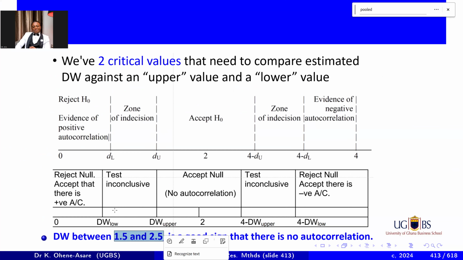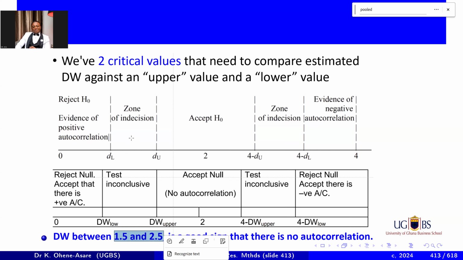So we can say with statistical confidence that there is some level of autocorrelation. We are moving towards negative, actually. But right now, as it is, it's inconclusive.